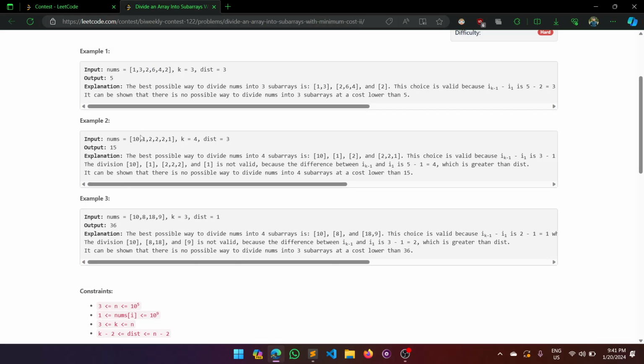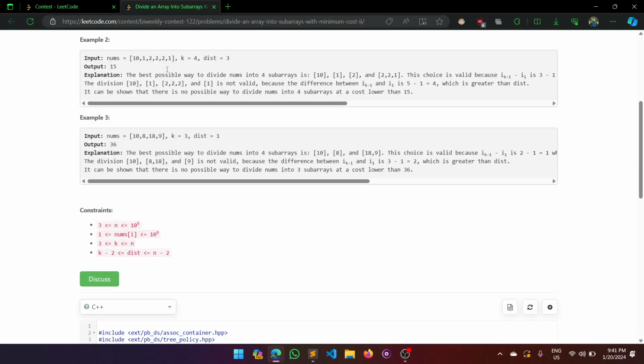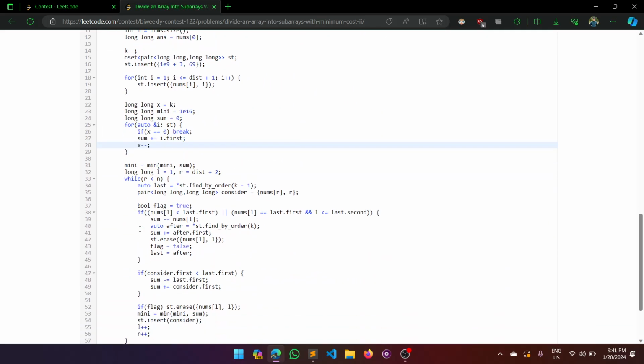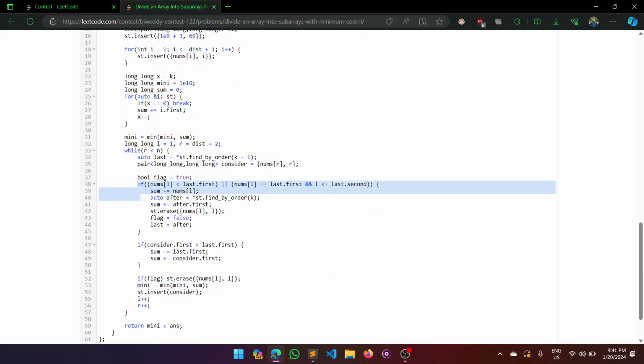I've divided the code into two parts, in which first I'm removing this one and adding this one in the second if condition. So in this if condition, I'm removing the lth index element under certain conditions.